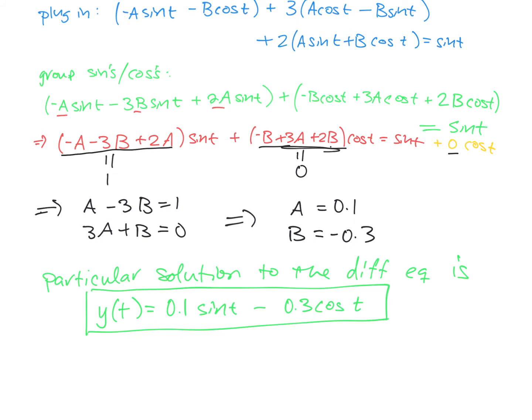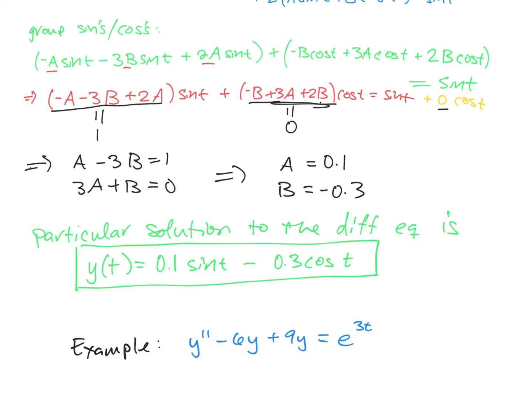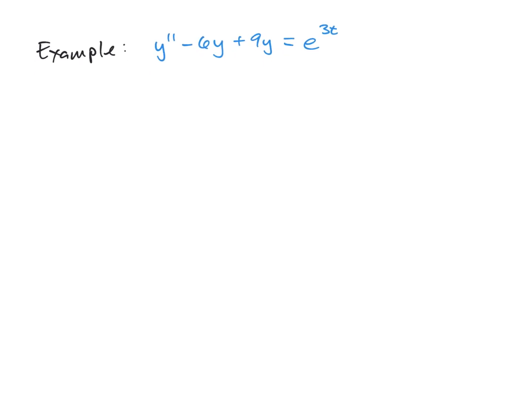Now let's do another example. So here we are: y double prime minus 6y prime plus 9y equals e to the 3t.